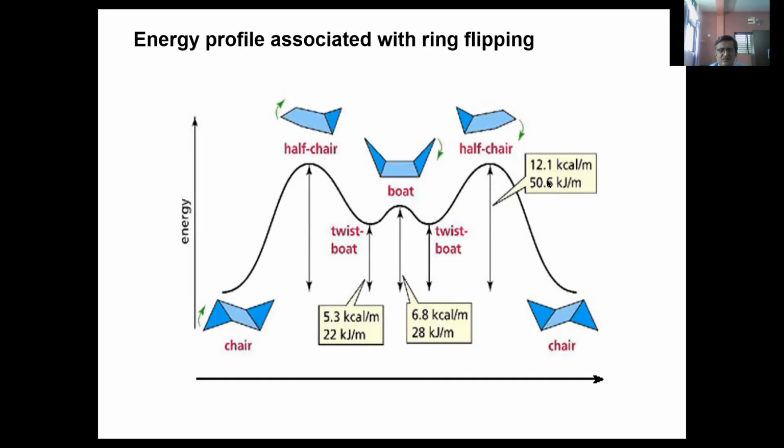This is a very high amount of energy. And here the twist boat is around 28 to 22 kilojoules. So therefore, half chair conformations are very, very unstable. Immediately they interconvert into the boat and half boat, the twist boat conformation. Soon after that comes a lowering of energy. This is the chair. So because of this, the lower the energy, the more stable; the higher the energy, the more unstable it is.